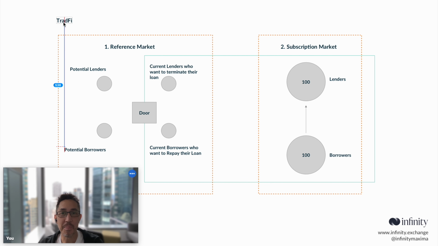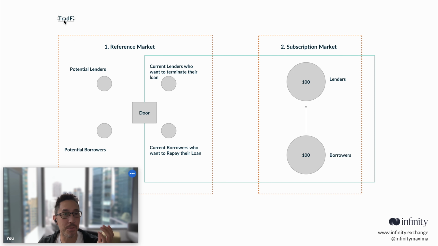It might sound complex, but really this is modeled after traditional finance in the real world, where you have billions, rather trillions, of dollars subscribing to pay this floating rate called LIBOR, or what used to be called LIBOR.